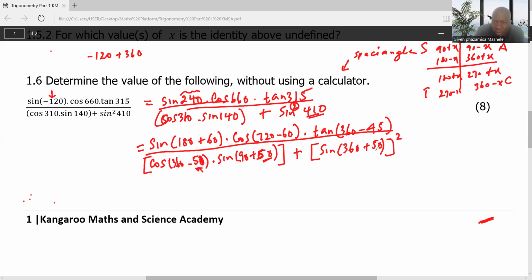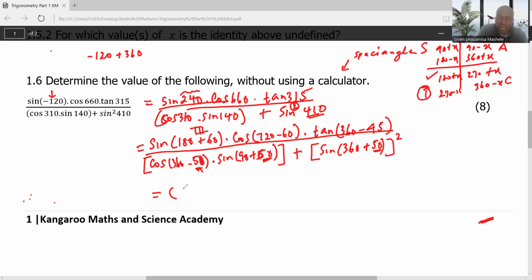Why am I doing this? Because I've reduced my angle to a 50 there. So now let's simplify this. 180 plus is in the third quadrant, where sine is negative, because the one that is positive is tan.